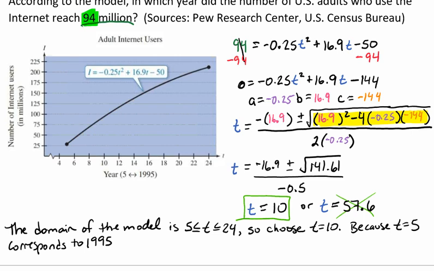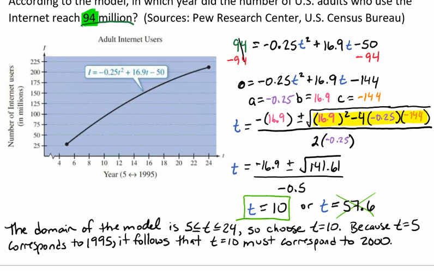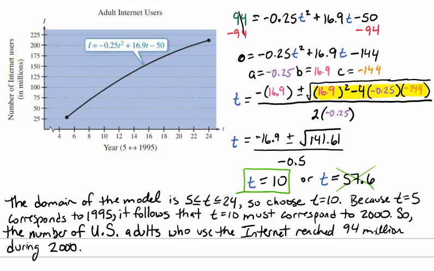And because t equals 5 corresponds to 1995, which it told us up in the problem, it follows that t equals 10 must correspond to the year 2000. So the number of US adults who use the internet reached 94 million during the year 2000.